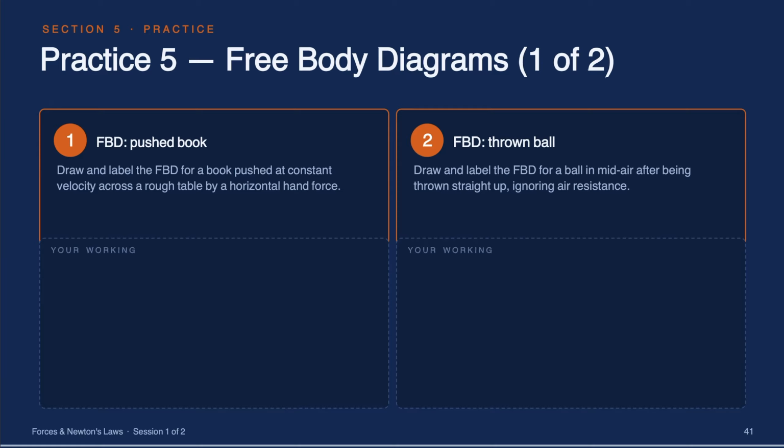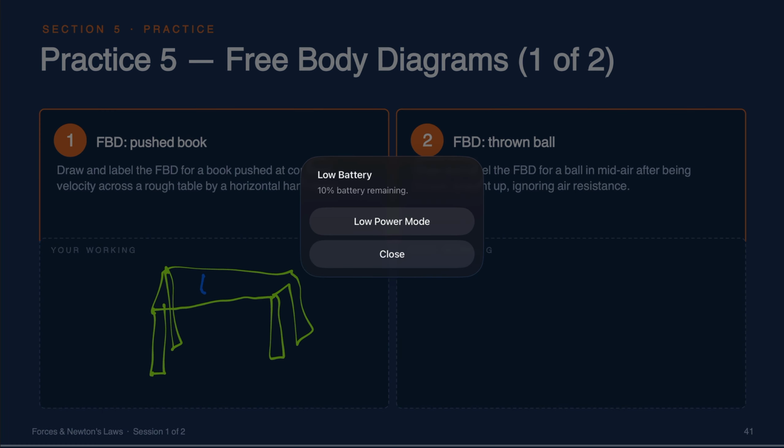Alright, I'm assuming you gave it a try. So let me try the table in green. Right, so we have a table here. We have a red book here.